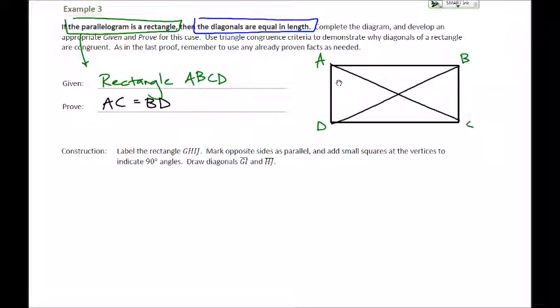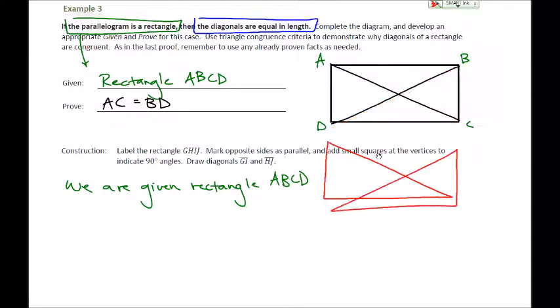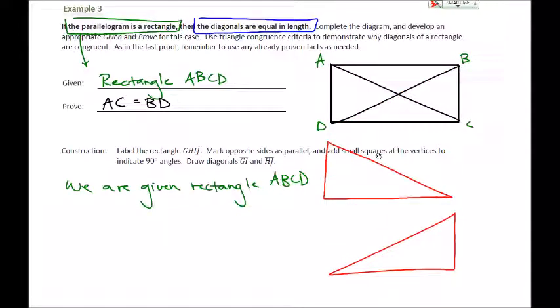Now we start this proof, as we do every proof, with the given. Before I get too much further, I want to point out that I'll be using triangle ADC, this triangle, and triangle BCD as the 2 triangles that I'll prove congruent, because they have the diagonals as one of the sides.